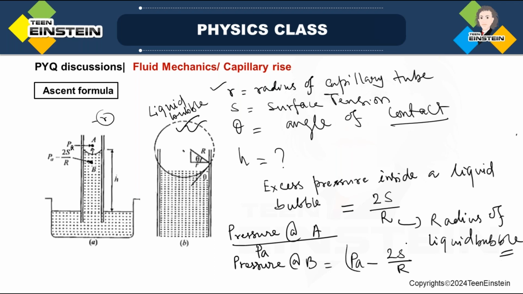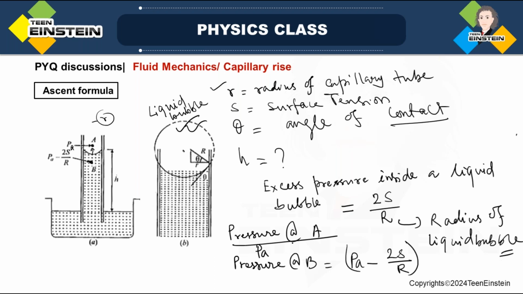If the total pressure here is PA, then there will be excess pressure. Oh, sorry, this is the pressure at B. So this is very nice. Now what will this excess pressure do?